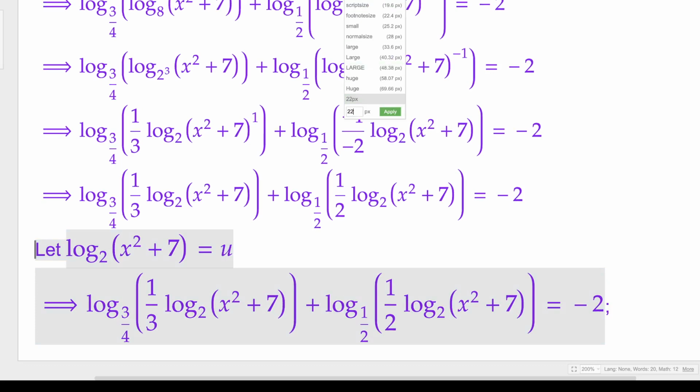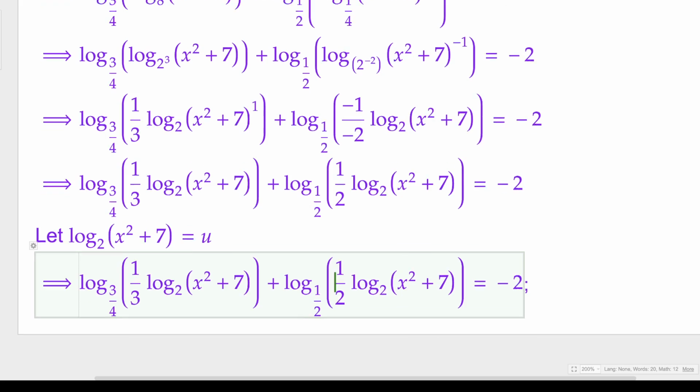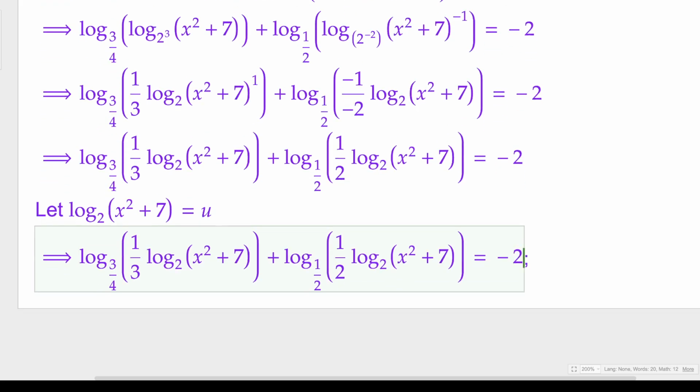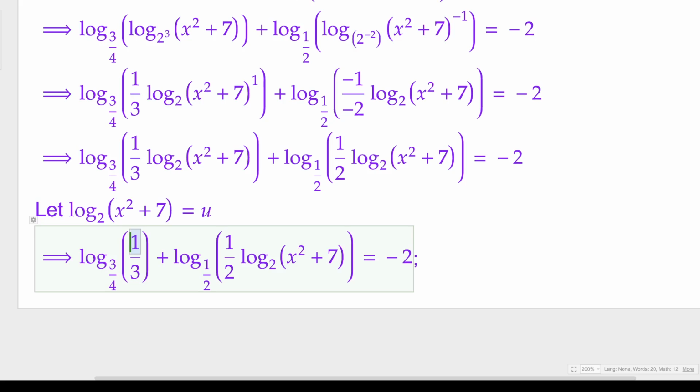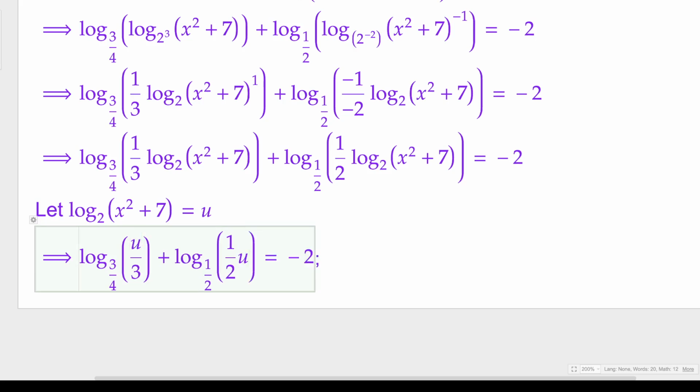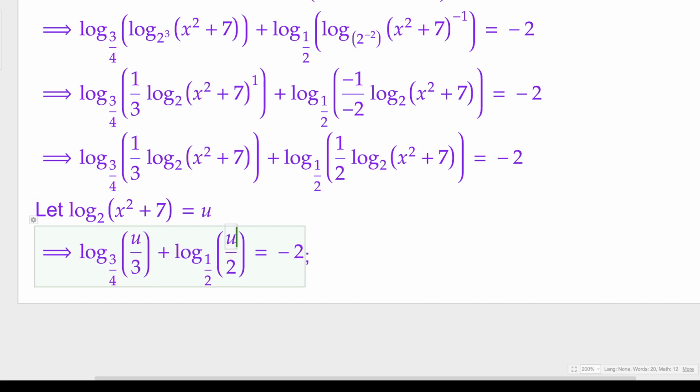Now here wherever I'm having this log base 2, I'll replace it by u, and one times u will be u as it is. Similarly, this one also if I replace it by u, one times u will be u itself, right? Now this is the simplified expression that we are having.